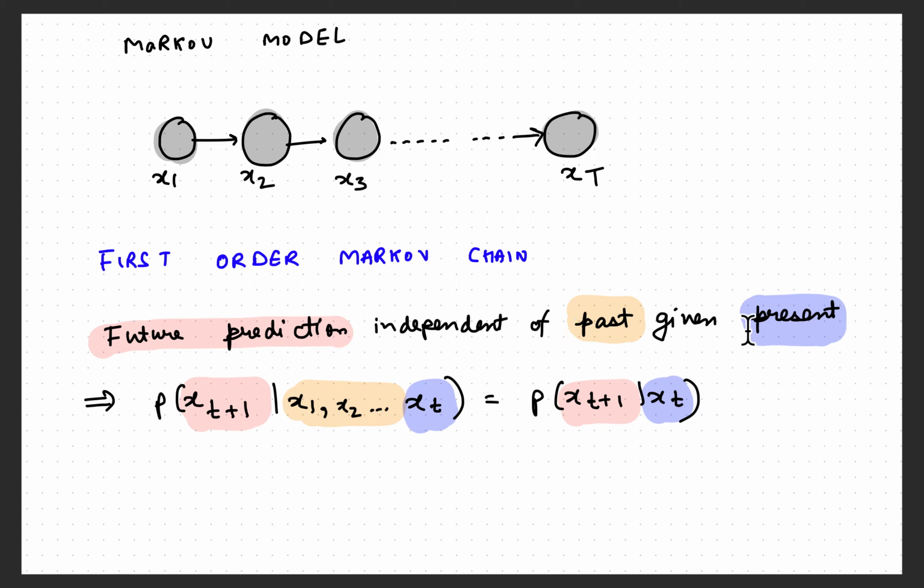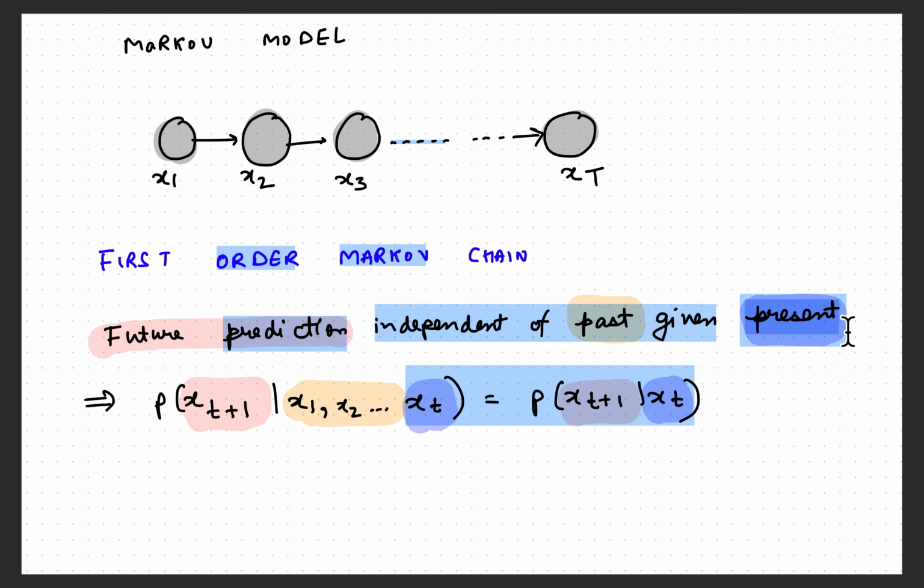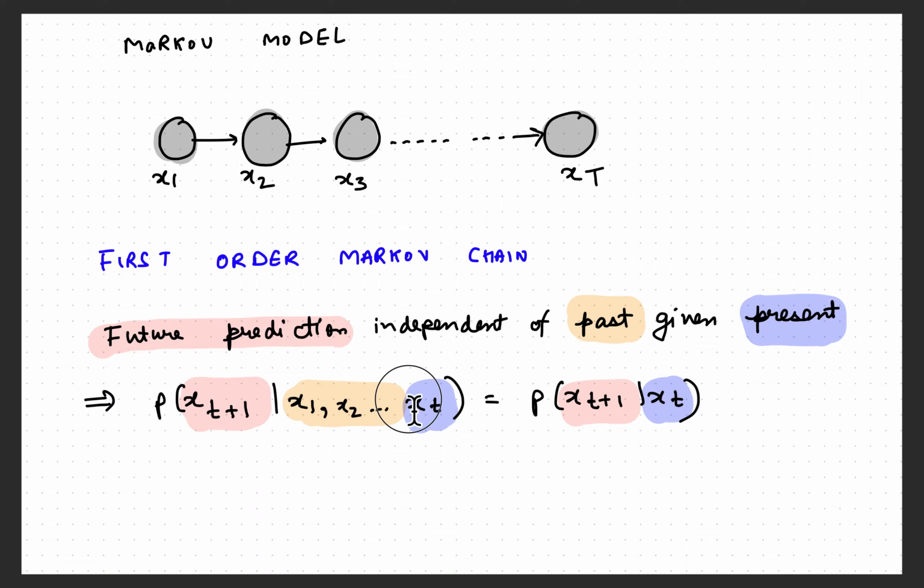And I'm telling that it is independent of the past given the present. So we are currently at time small t, thus the present is x subscript small t, and the past is the sequence of observations from x1 through x subscript t minus 1, right? So this is indicated in the orangish yellowish shade.